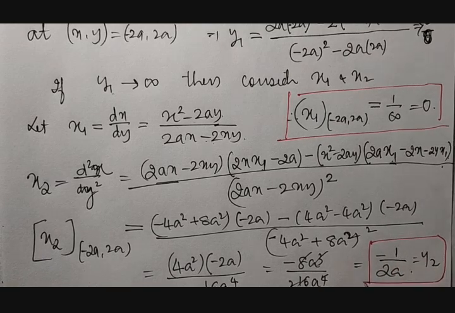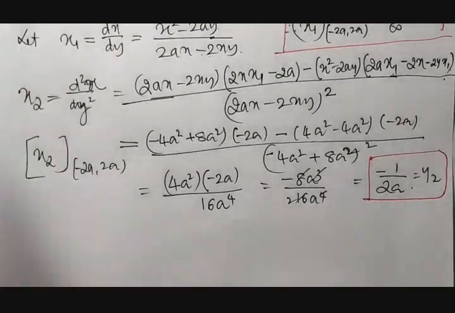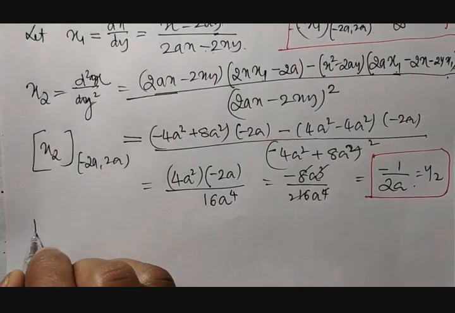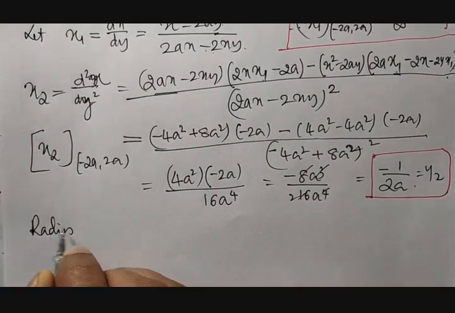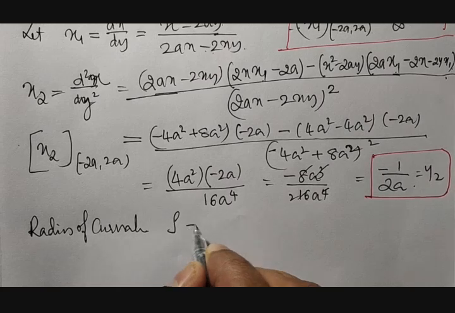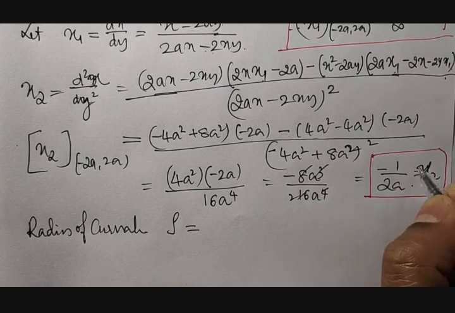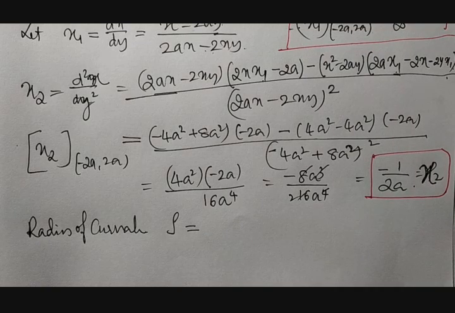So we got x1 and x2, therefore put it under the radius of curvature formula. Therefore radius of curvature rho is equal to, now we can see, sorry, it is not y1 y2, it is x2. Okay, we have x1 and x2. We have an alternate formula that we have already discussed in a previous class.